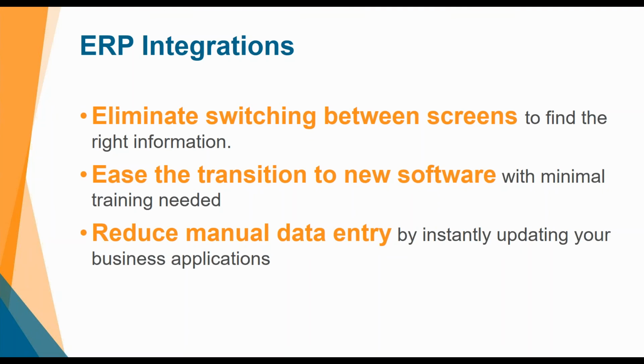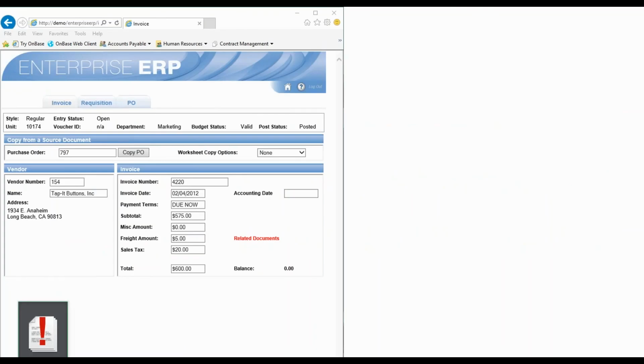Up on the screen, I have a fake ERP system, and you can see down in the corner on the left, there's this document tab with the exclamation point on it. That's going to be our integration point. I'm going to show you a tool within OnBase called Application Enabler.